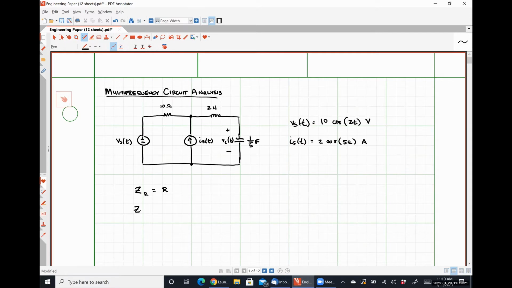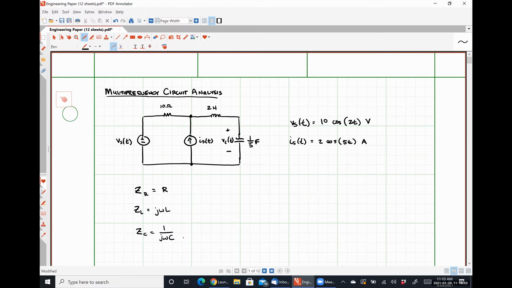The impedance of an inductor is given by j omega L, but we have two different omegas. So the inductor cannot represent two different impedances simultaneously. Similarly, for our capacitor, we have 1 over j omega C. Well, we have two different omegas, so the capacitor would also have two different values for its impedance.